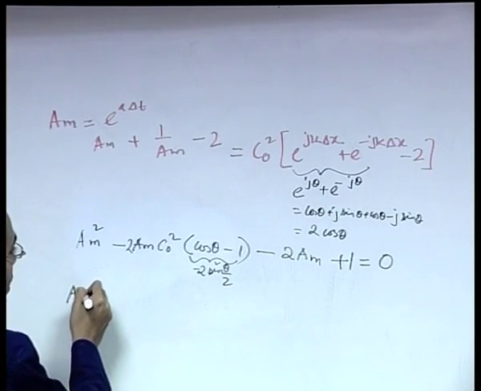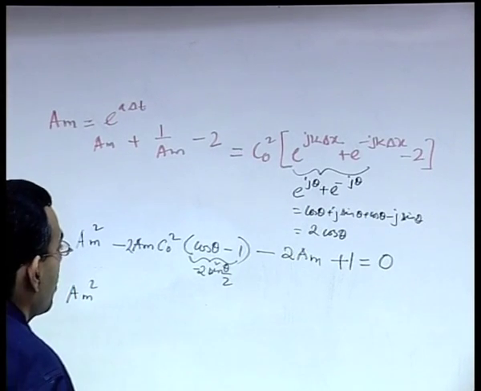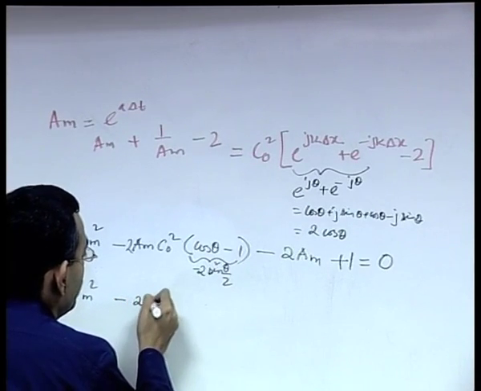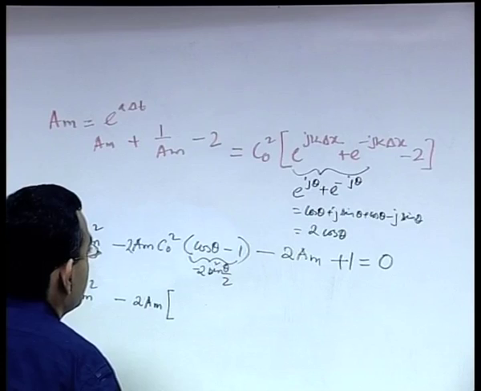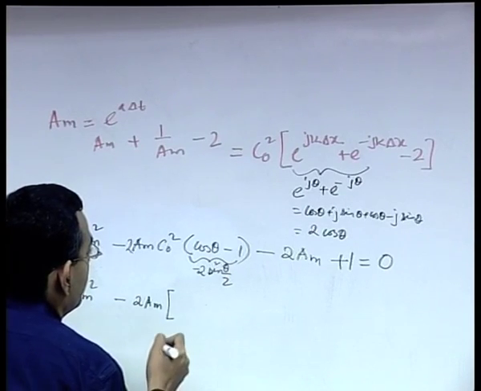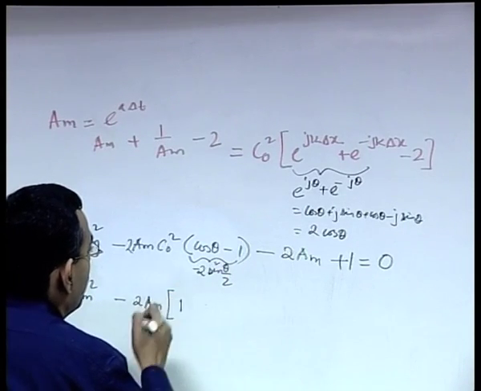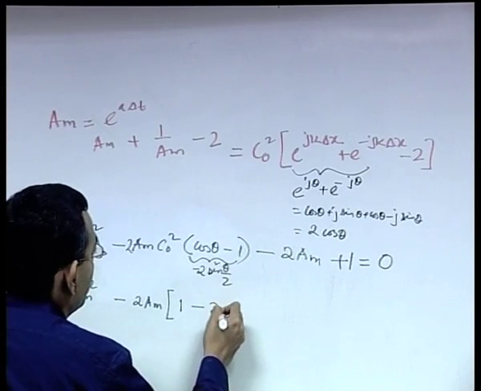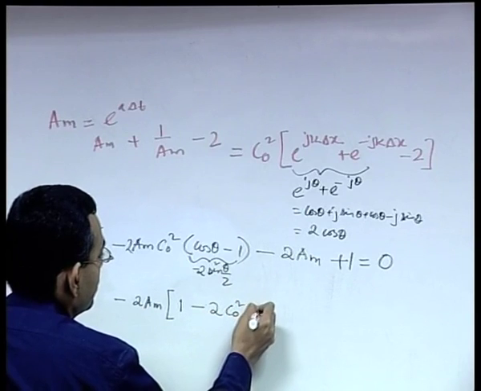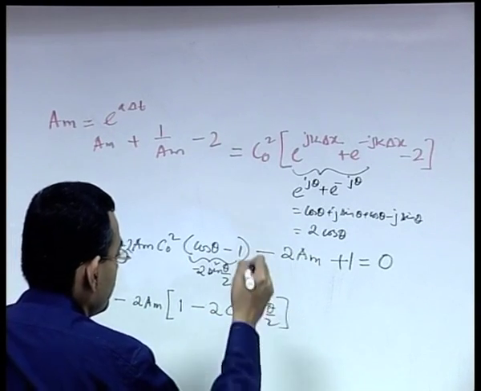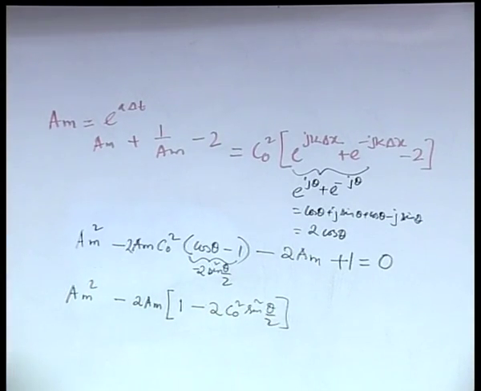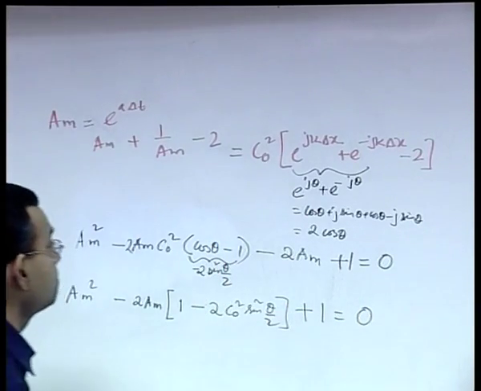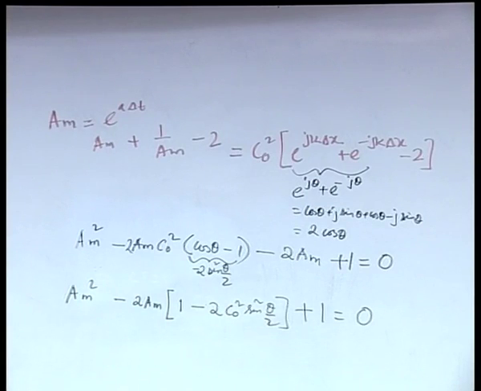So, am square minus 2am into 1 minus 2 C0 square sin square theta by 2, plus 1 equal to 0. Okay.